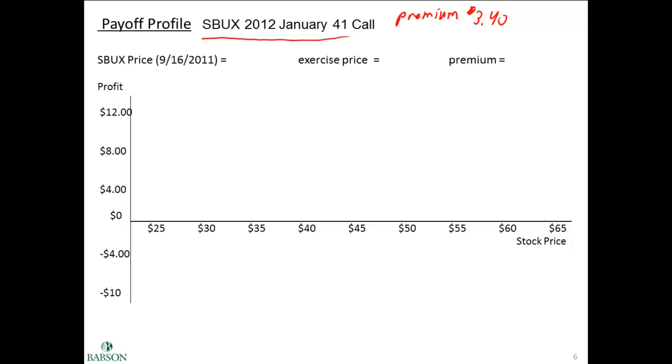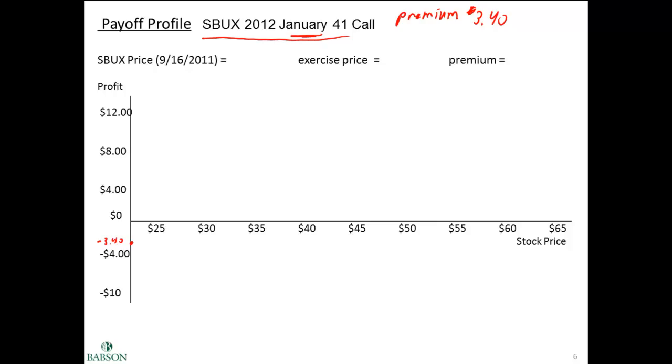So no matter what, if you choose to buy this, you're going to be out $3.40. So if nothing happens, you're going to be out $3.40. Let's say that's about here. Then depending upon where Starbucks price ends up in January, that will determine whether or not you made money or lost money.